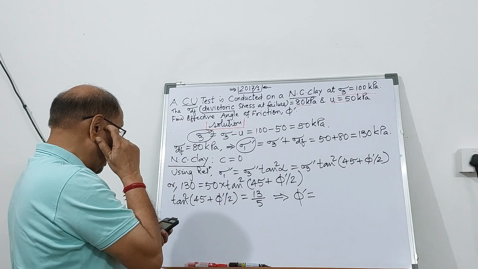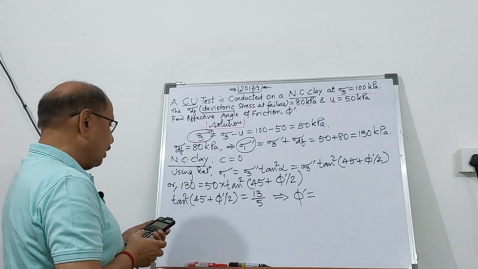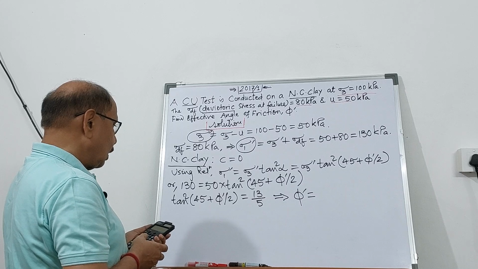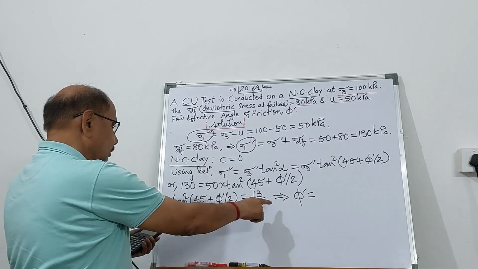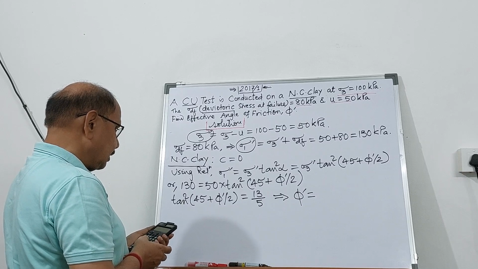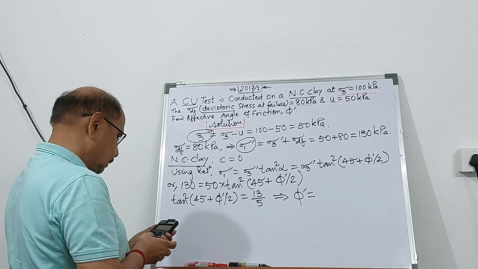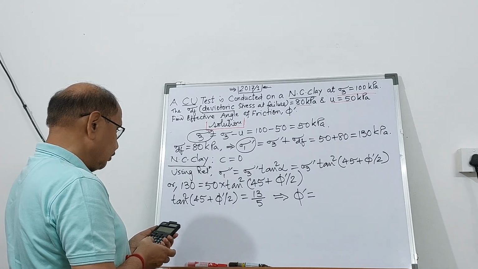So I am going to calculate this value by simplifying. This will be under root 13 divided by 5, shift tan inverse.